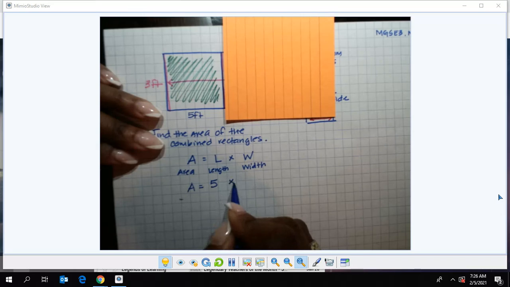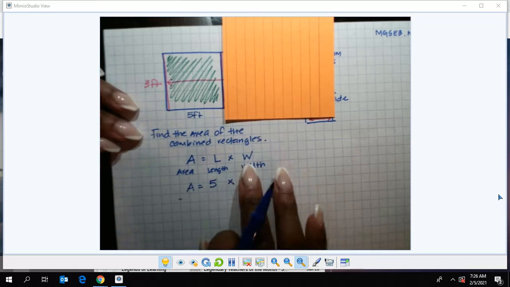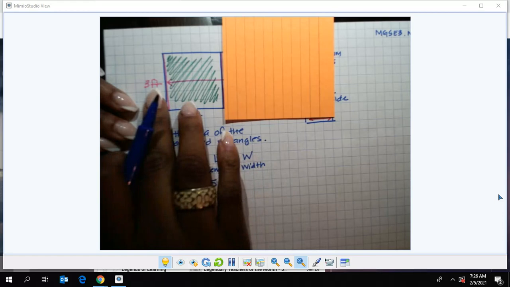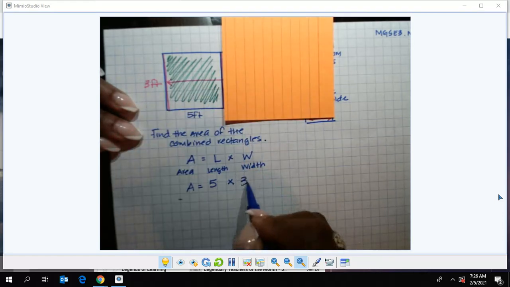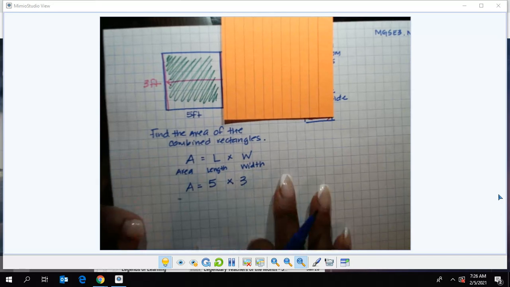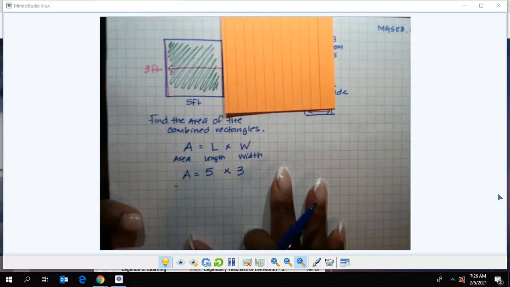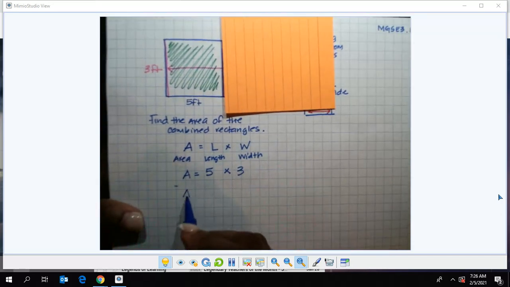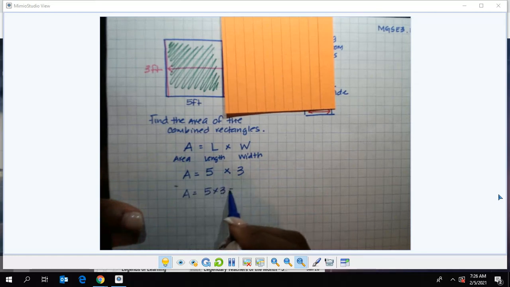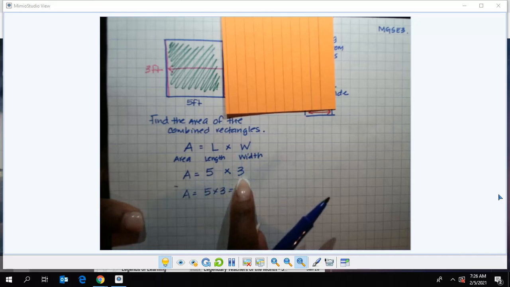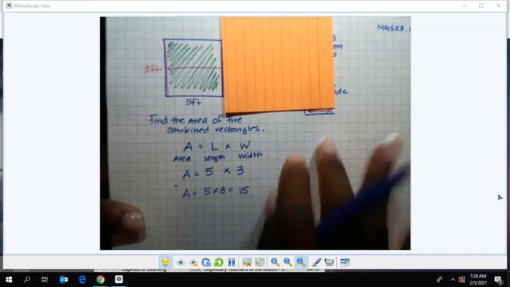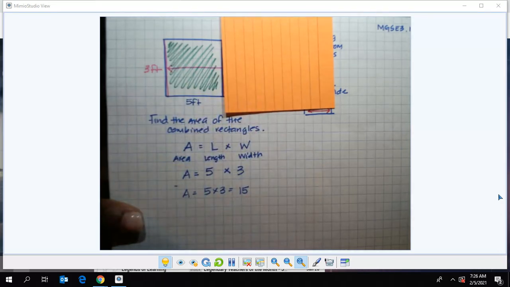Multiplication. So now I need my width. Side to side. 3 feet. Now we need to multiply. 5 times 3 equals 15. 5 groups of 3. 5, 10, 15. So now we have the area of the green rectangle.